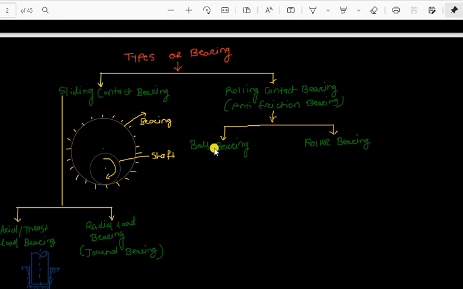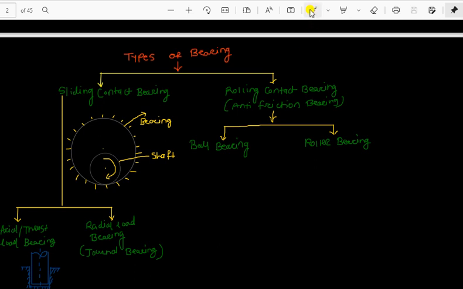And ball bearing you may have seen in your bicycles or in some rotating parts of general purpose, right? The roller cage bearing can be manufactured with very small dimensions.